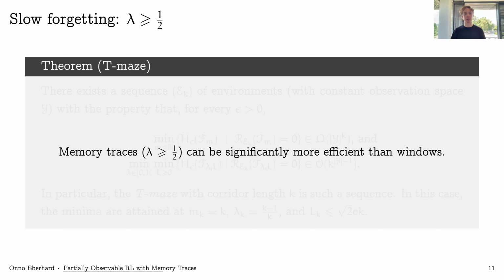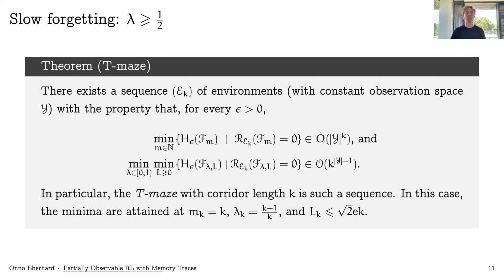If the forgetting factor is greater than 1/2, then we can show that there are environments where learning with memory traces is significantly more efficient than learning with windows. And specifically, the T-maze example from earlier provides such a case. So here, to accurately represent the value function, the metric entropy of windows needs to scale exponentially in the corridor length, while the metric entropy of memory traces scales only polynomially in the corridor length.